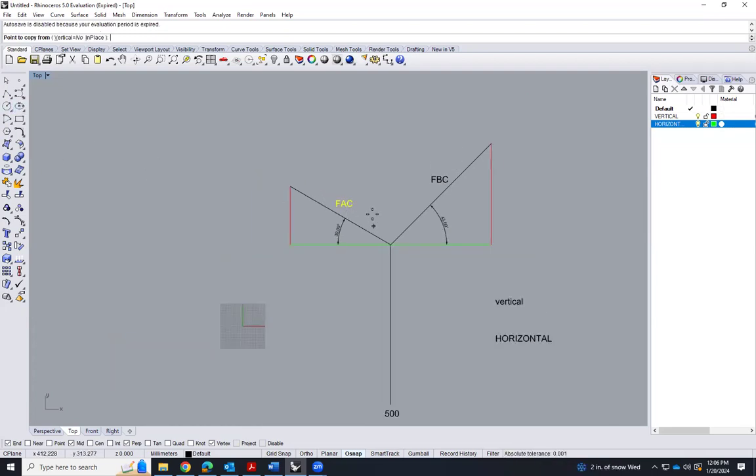So here we have to apply the sine and cosine. So what's the vertical component of this? It's FAC sine 30. Okay. And what's the vertical component of this one? Is FBC sine 45.